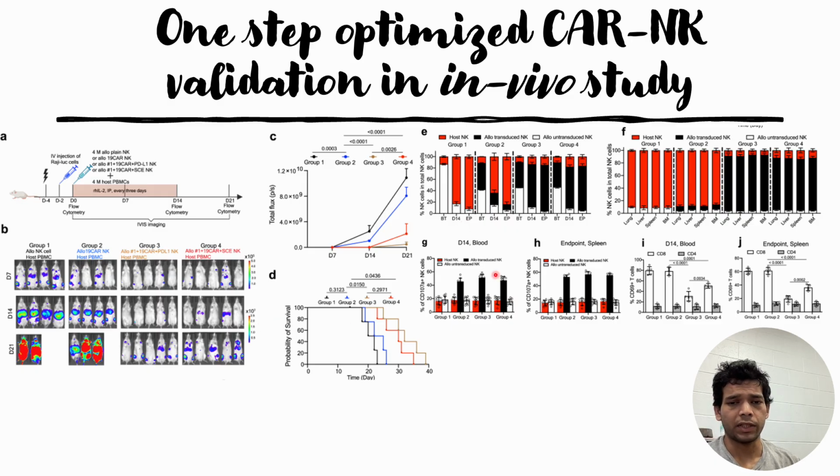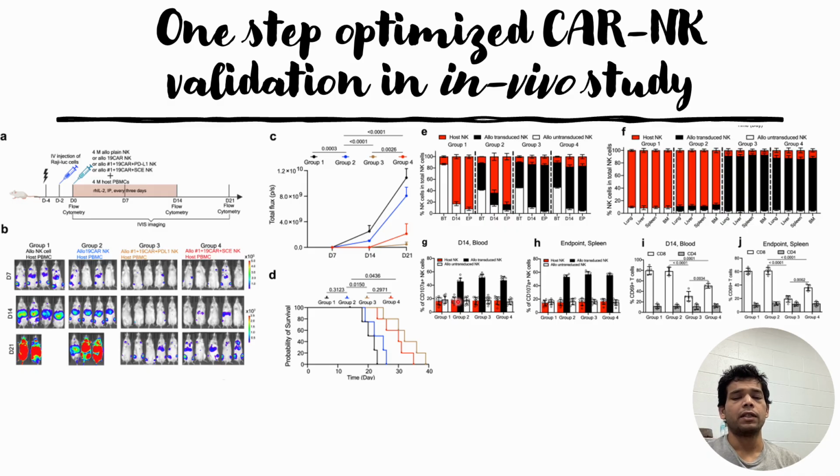Thereafter they did further studies to find out which NK cells participated in the suppression of the tumors, and they checked it using CD107a, which is the degranulation marker.